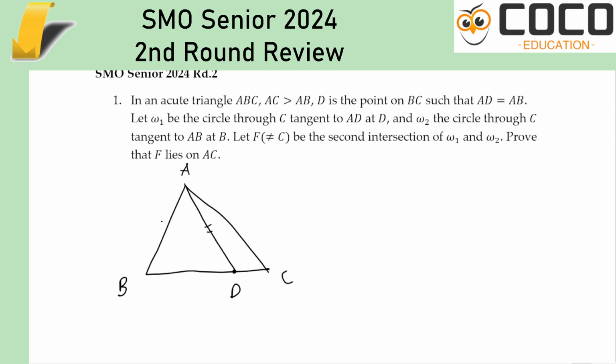So essentially you have just got an isosceles triangle that is extended a little bit out to C in some sense. Now you then draw 2 circles through C. The first circle, omega 1, is tangent at D to AD. The second circle is tangent to AB at B.